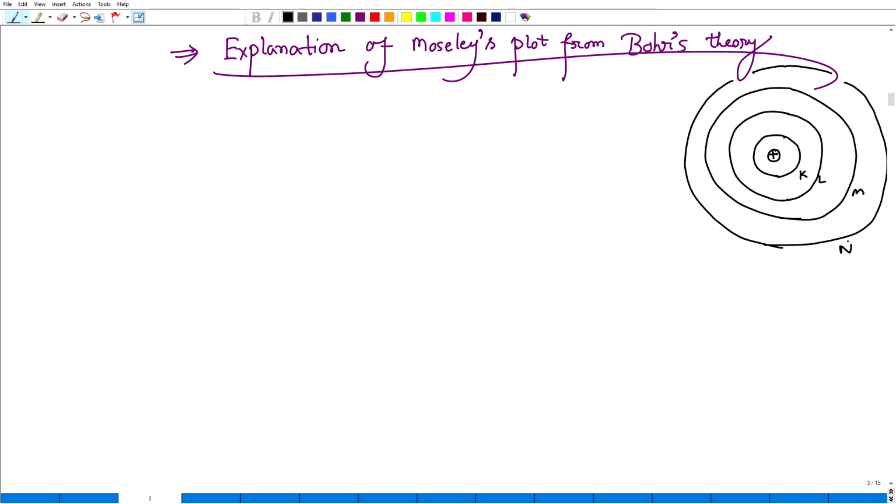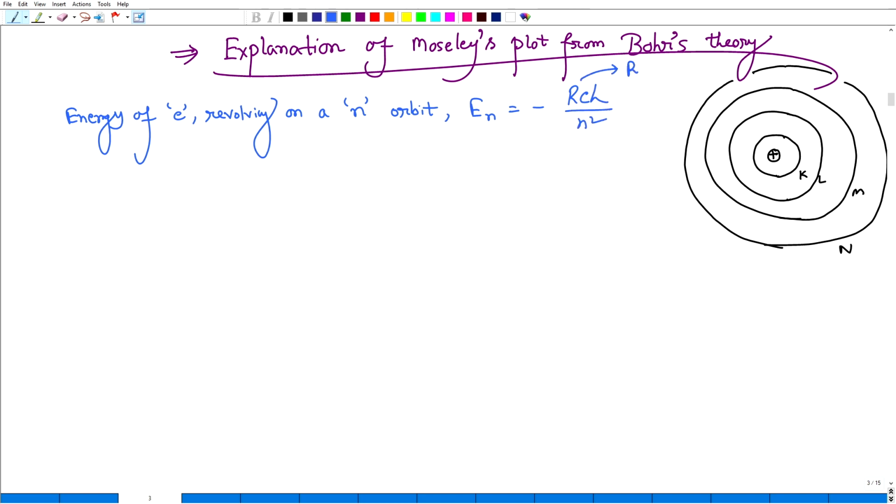This is N. According to Bohr's atomic model, what was the energy of the electron? The energy of the electron is En, which is minus RCH by n square, where R is the Rydberg constant, which we already discussed.